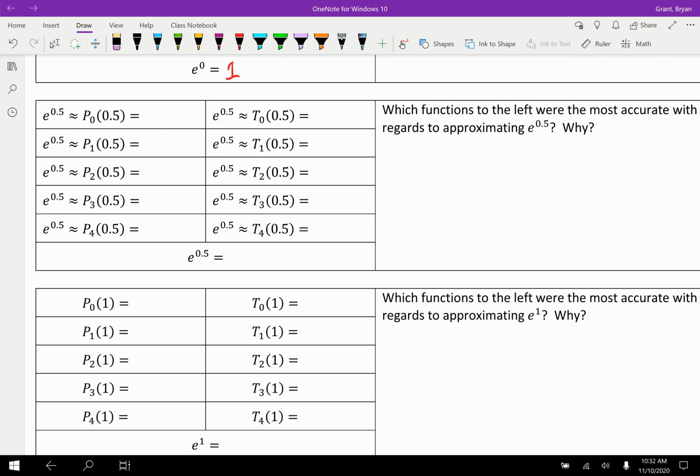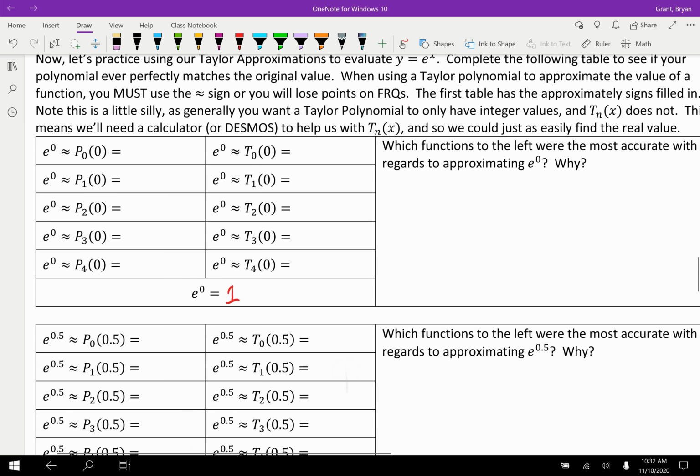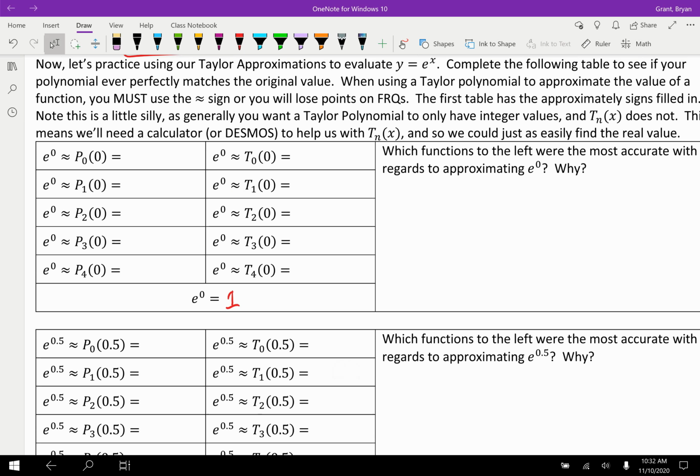Anyone know the square root of e off the top of their heads? I think probably you don't. But the nice part is, since we have a polynomial approximation that is the same as e to the x, but doesn't use e, now we have a way to evaluate this without using a calculator. Of course, I'm promptly going to break that and use a calculator because I don't have enough time to work all these out by hand, but it does give you the idea that you can do this without a calculator.